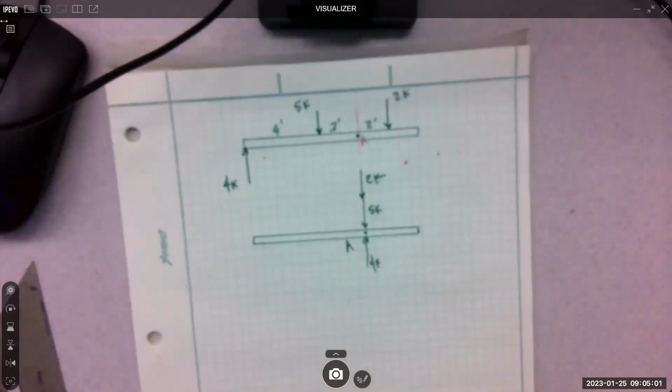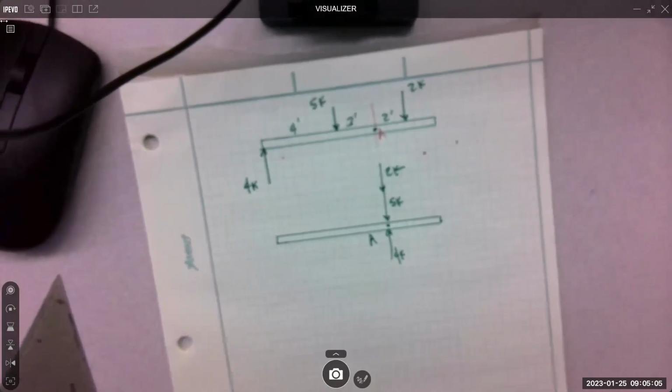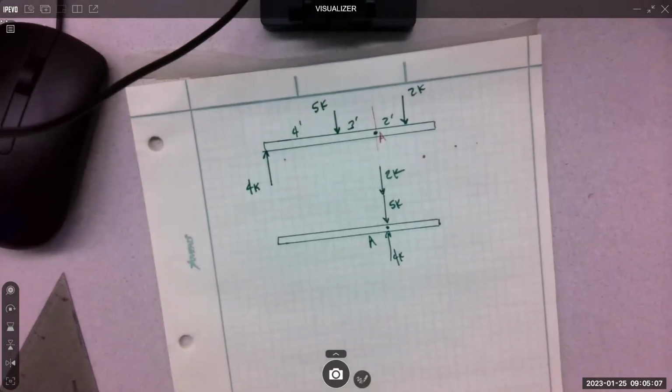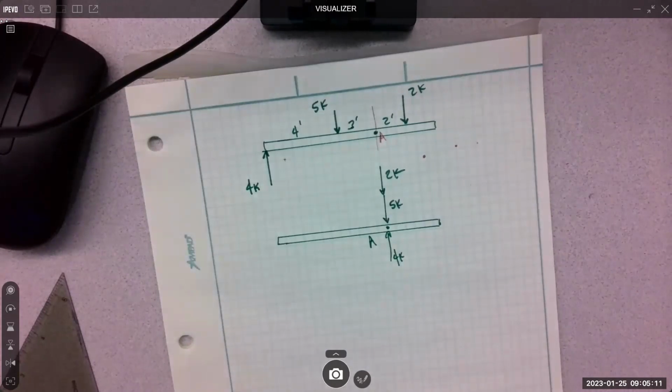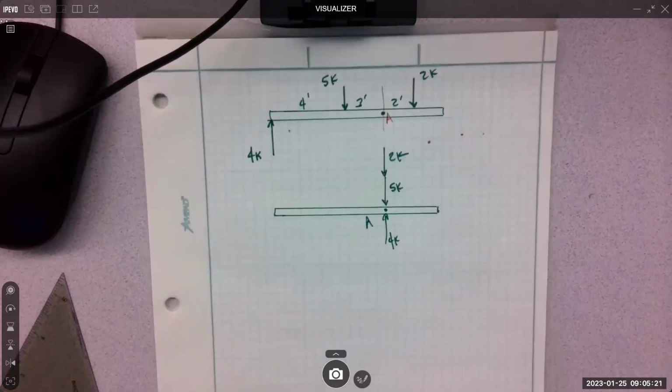So I'm going to show you just another graphical way of thinking about this. Take all the forces, move them to point A. It's essentially what we're doing when we add them all up, right? But I can't just move forces. That's not legal. But I can move them as long as I bring their moment with them, their rotational effect about the point where you're moving it.